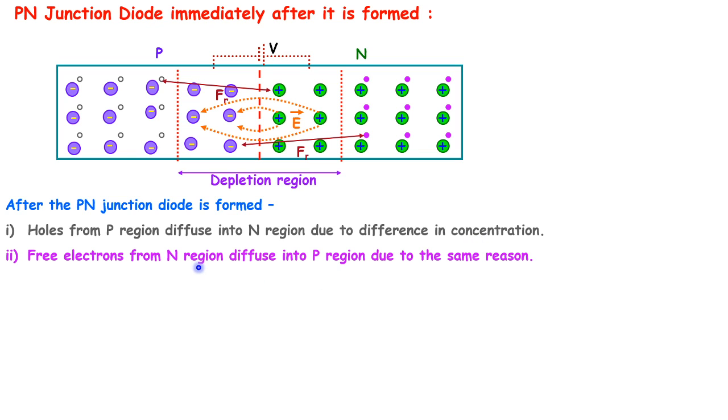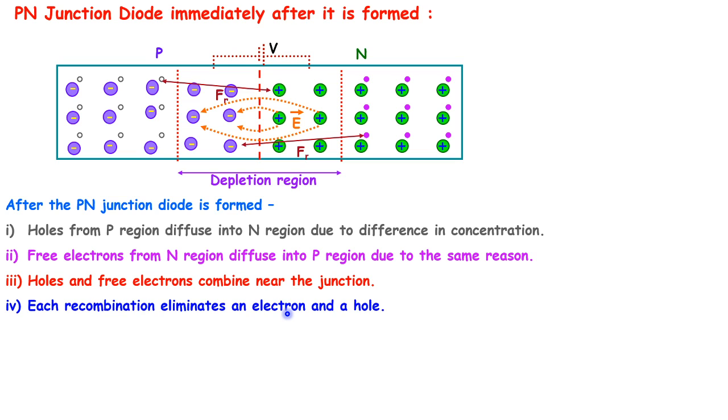Similarly, the free electrons in the N region diffuse into the P region for the same reason. Some holes and free electrons combine near the junction, as we see in the animation. Each recombination eliminates an electron and a hole. So whatever electrons and holes are there, they are eliminated.